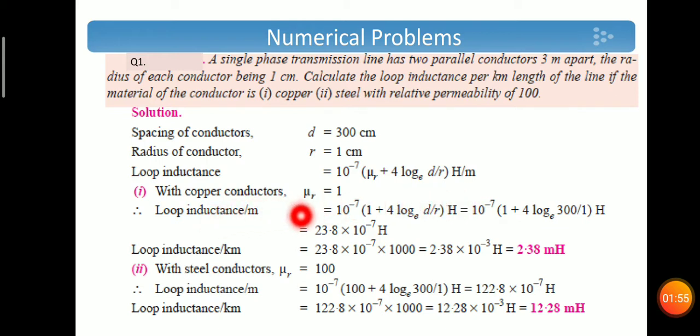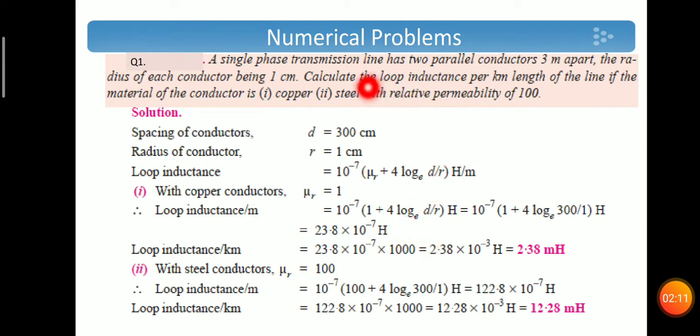With copper conductors mu r equal to 1, so the equation is 10 raised to minus 7 into (1 plus 4 log d by r). Substitute the values of d and r and we will get the inductance as 23.8 into 10 raised to minus 7 Henry per meter.